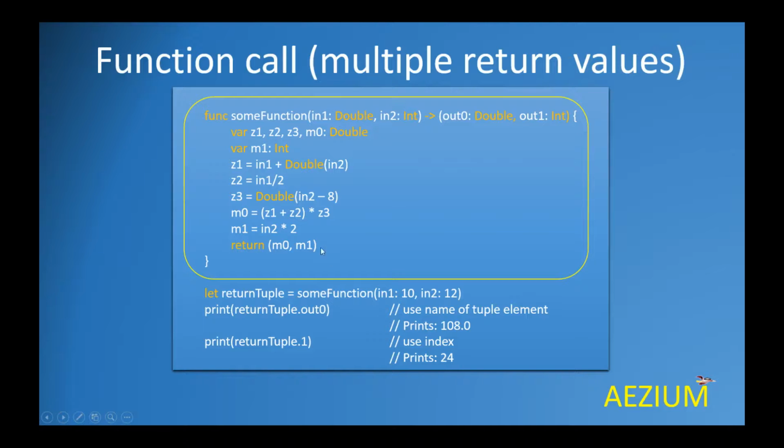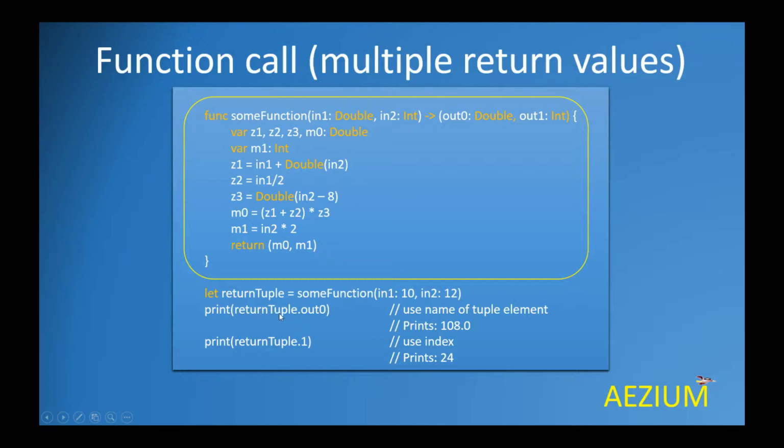Now, when we are calling something like this, we can follow an example like this. Here we have a variable called return tuple, which is assigned the return value of this function call. Then we can access the individual elements of this tuple by either using the element names or by using indexing.